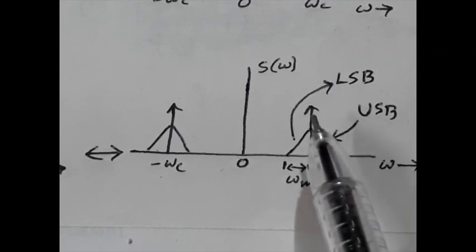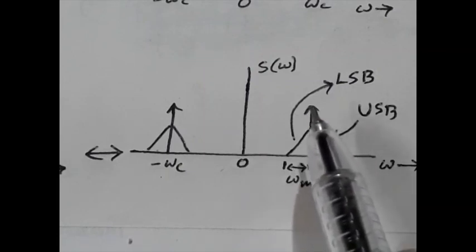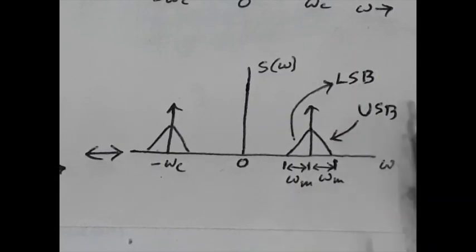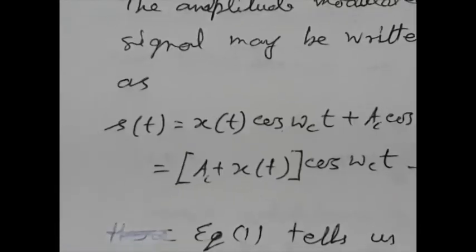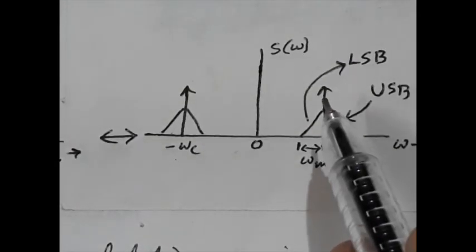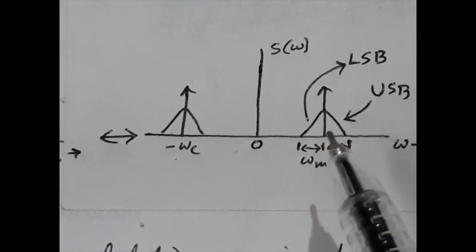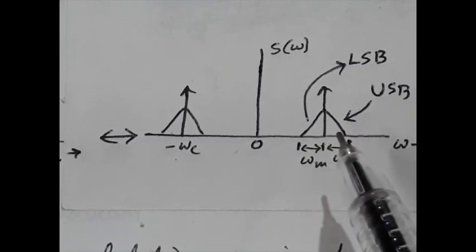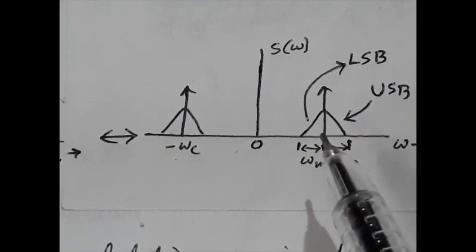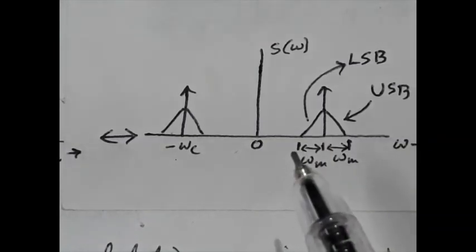This spike is not carrying any information, that means it is not linked to x(t). See this, Ac cos ωc t: it is simply carrier, there is no information. So all the information is carried by these two parts, one part above the carrier frequency, another part below the carrier frequency.